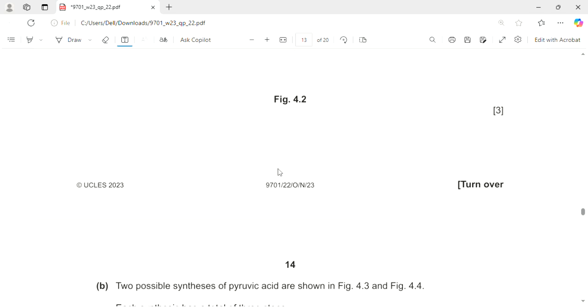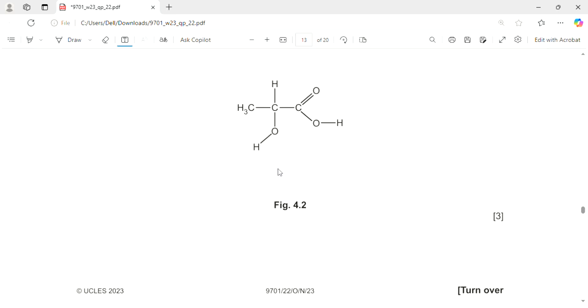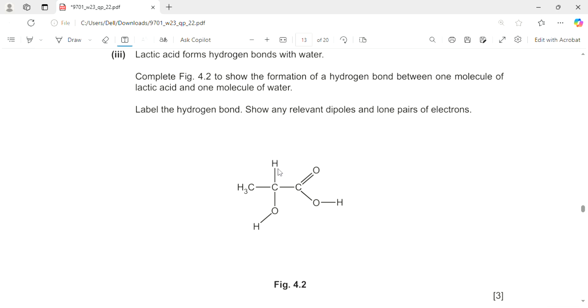So I think this should be here. We can draw. We should complete the diagram here.